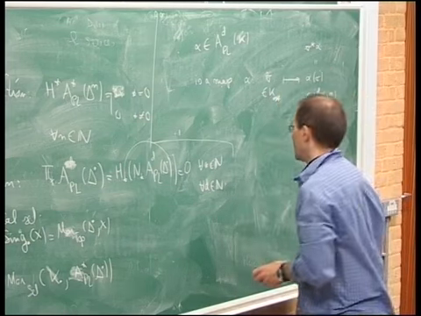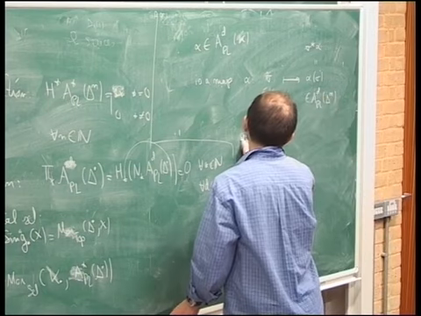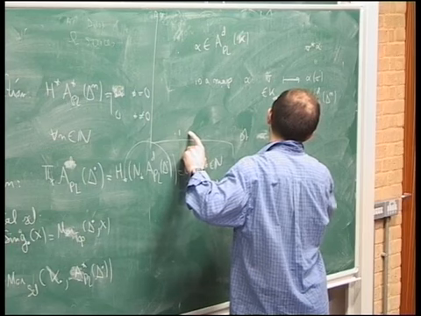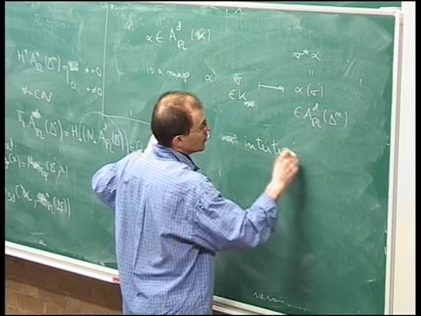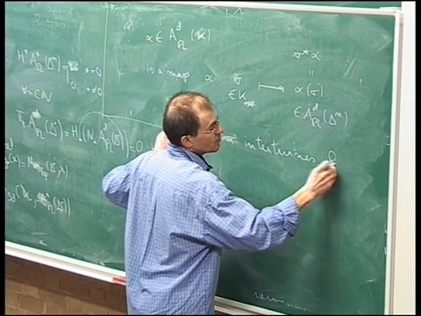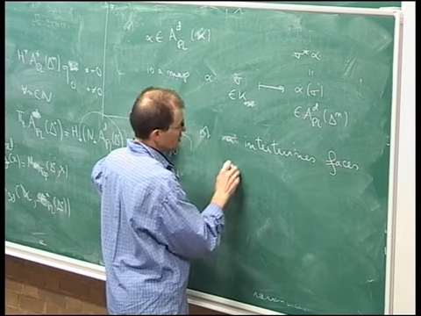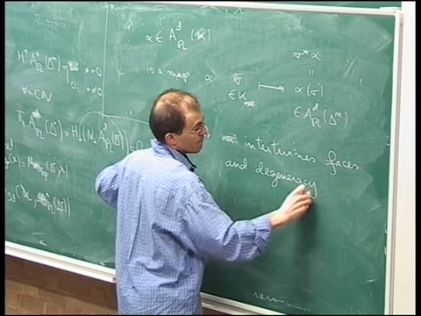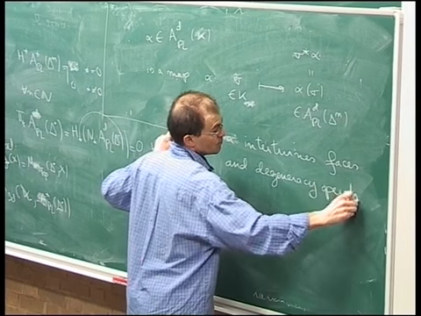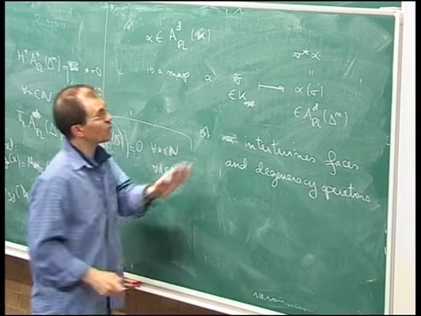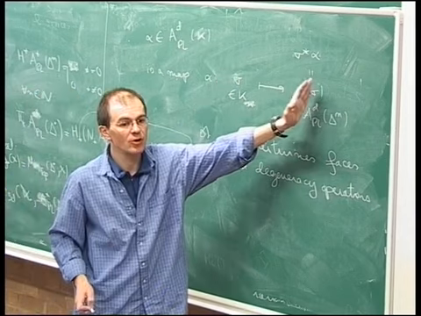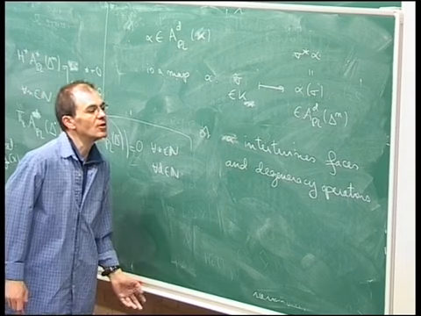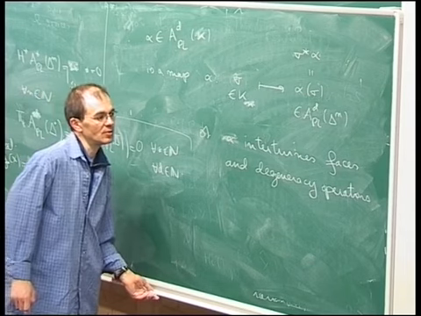And you need the condition that alpha intertwines faces and degeneracy operators. So the image of the face of sigma corresponds to the action of the face operators on this simplicial DG algebra, and similarly for degeneracies.